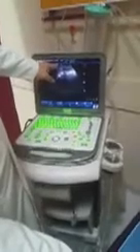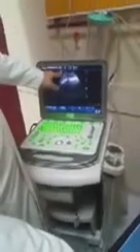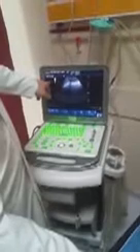You see the probe marker toward the patient's head, and the screen marker shows the patient's head, and the left side of the screen shows the patient's feet.